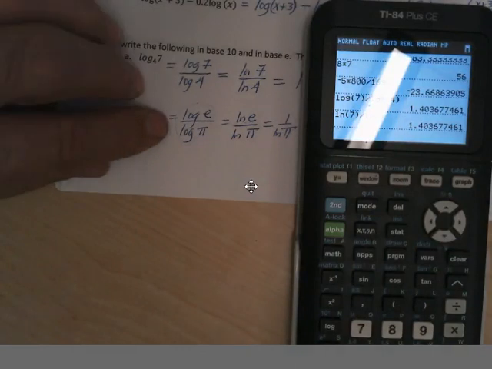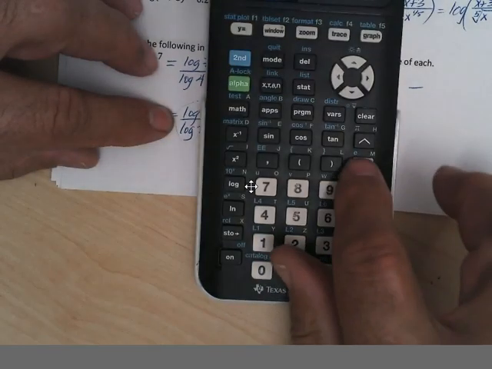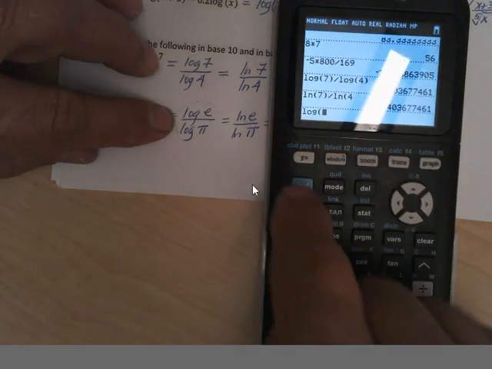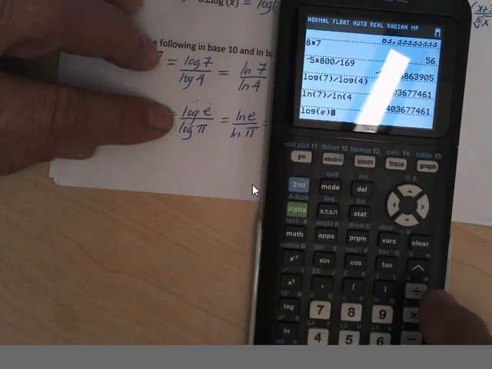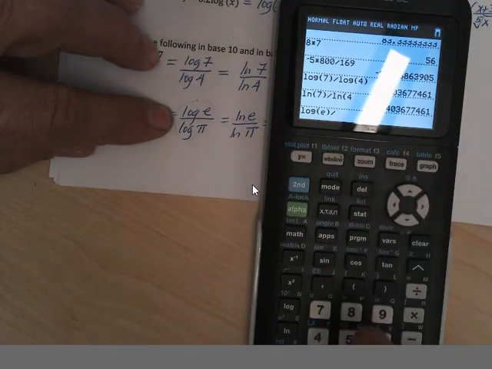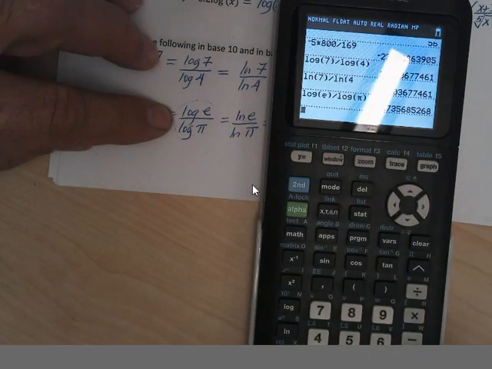Let's see if we get the same answers here. Oops. Log of e is on the divide key. Log e divided by log pi is that number.